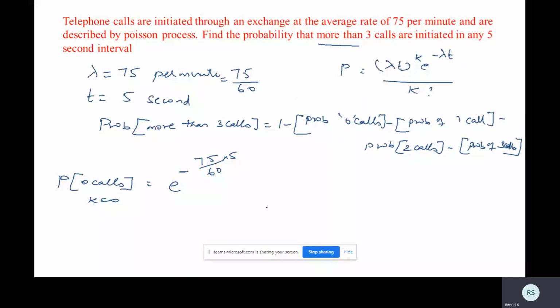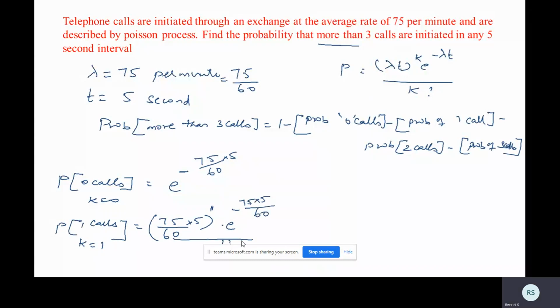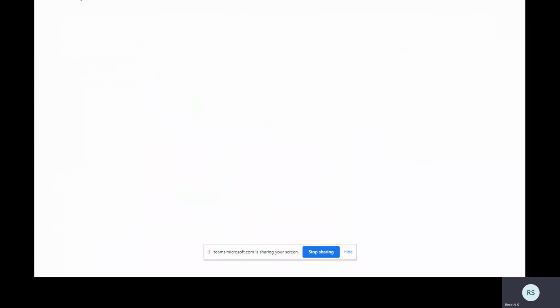Okay. Now similarly you can do it for probability of 1 call. Probability of 1 call is nothing but k equal to 1. So you substitute k equal to 1: 75 into 5 by 60 the whole power 1, into e power minus 75 into 5 by 60, divided by 1 factorial. 1 factorial is obviously 1.